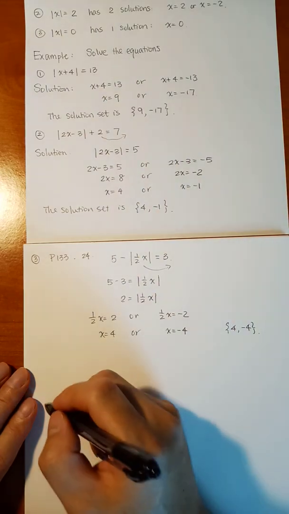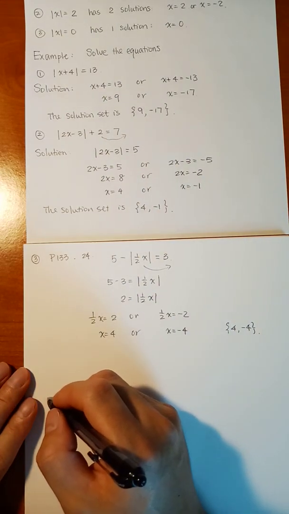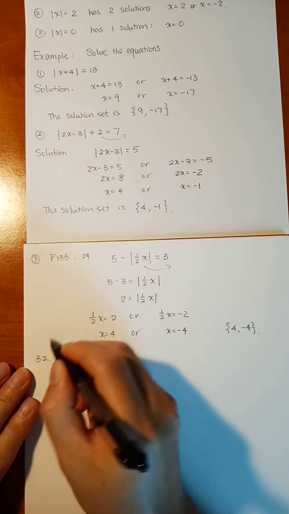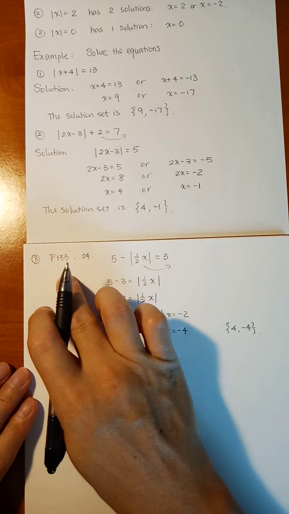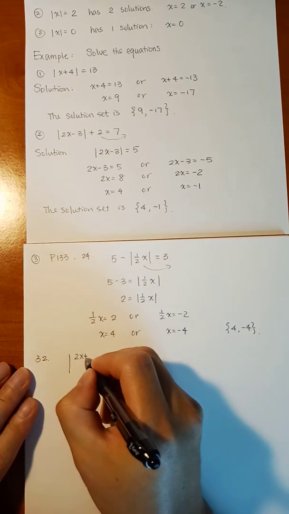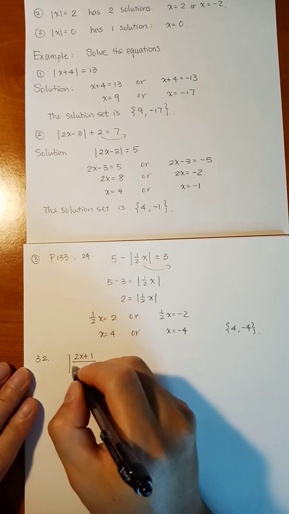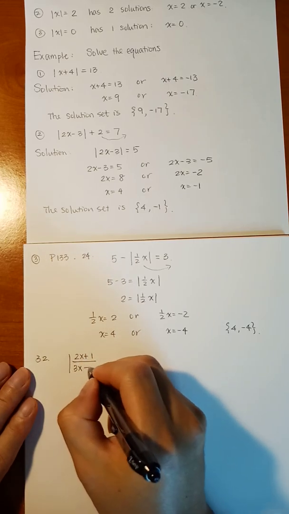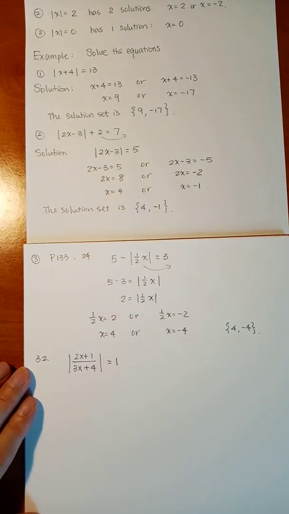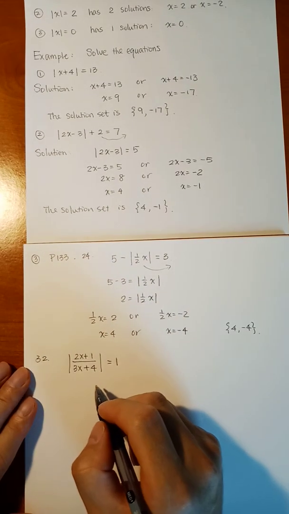Right? And let's see another one. 32, on the same page, 133. If we have absolute value of 2x plus 1 over 3x plus 4 equal to 1, then what do we do?